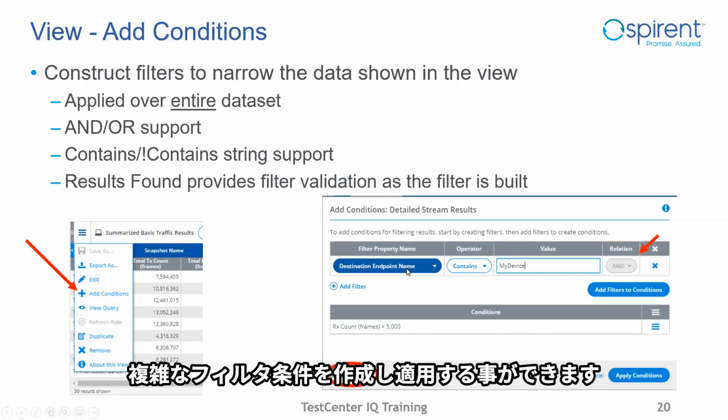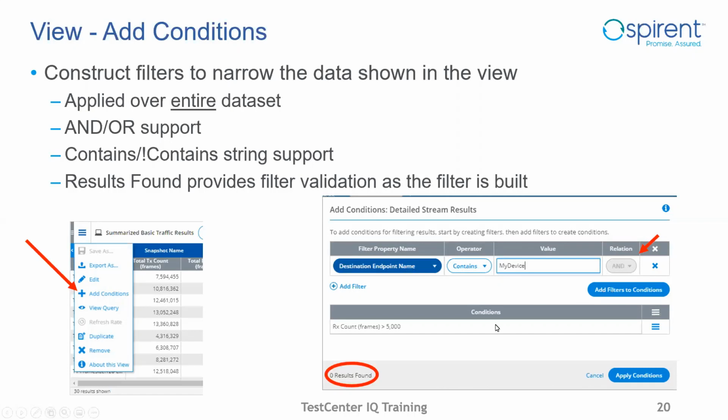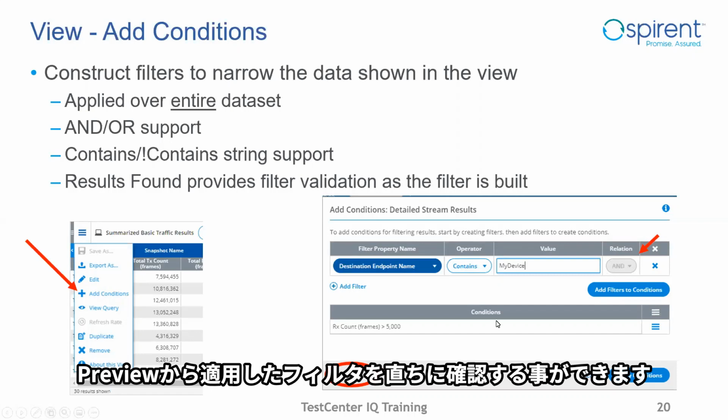A complex filter can be constructed and then added as a condition. Additionally, a preview is done by applying this filter and showing the user how many results are found. This can immediately validate or invalidate the filter that's being applied.